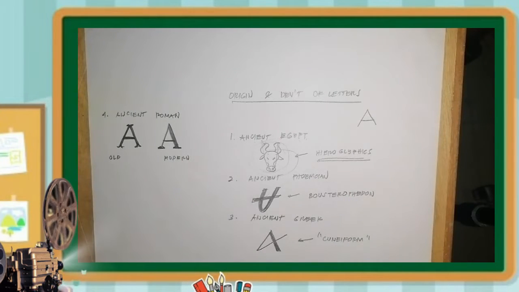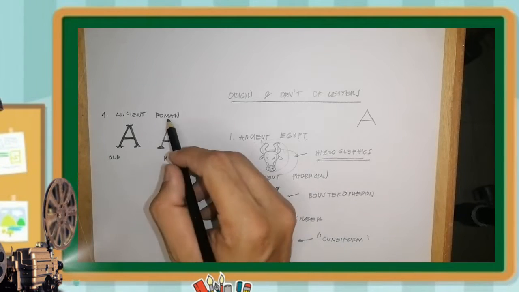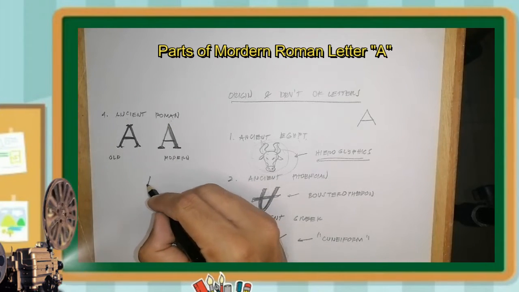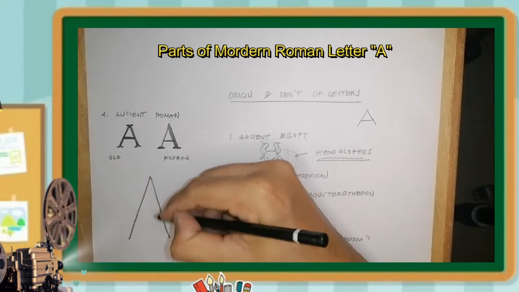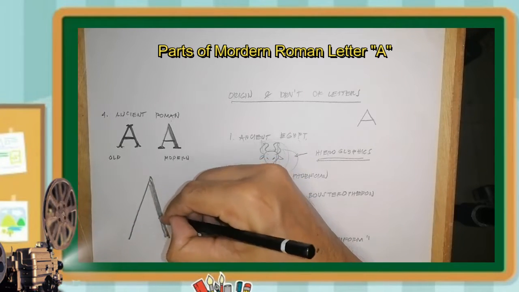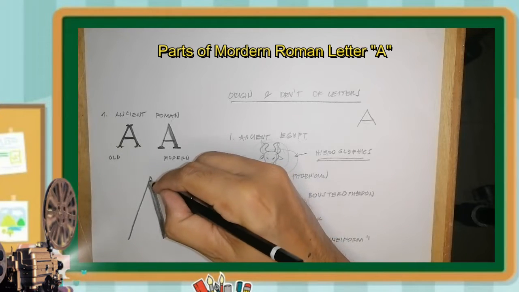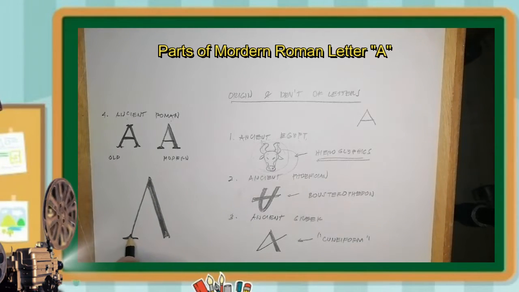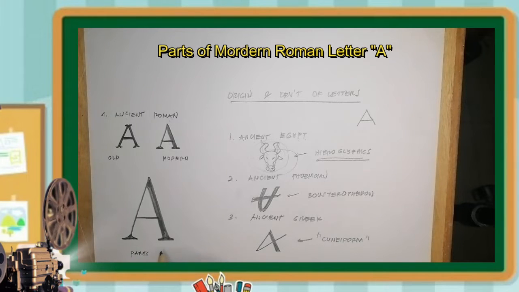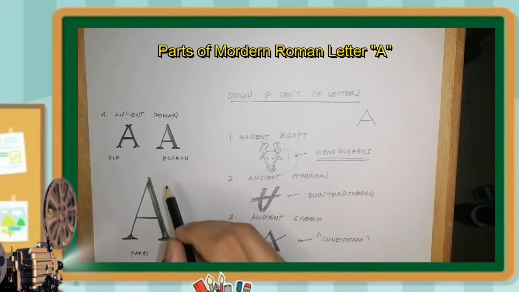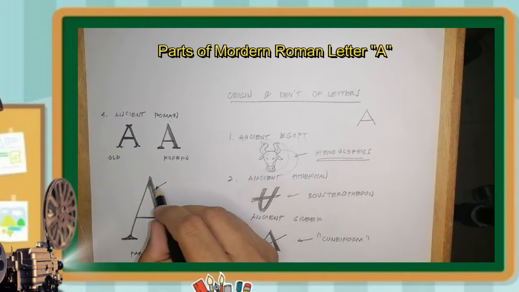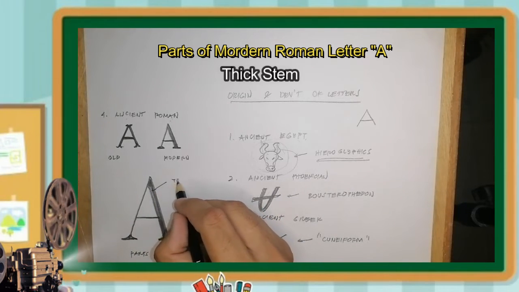Okay, let us now discuss the different parts of the modern Roman letter A. Lakihin natin yung letter, no? A modern Roman letter, usually nakikita natin to sa mga dyaryo, sa mga magazines. Okay, so let us try to discuss the parts of a modern Roman letter A. So the first part, this is what we call the thick stem.